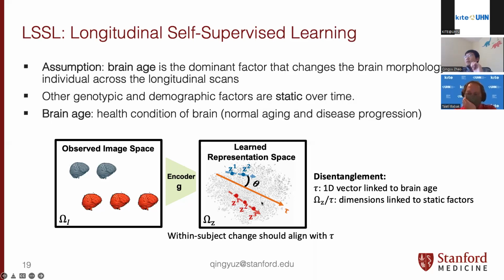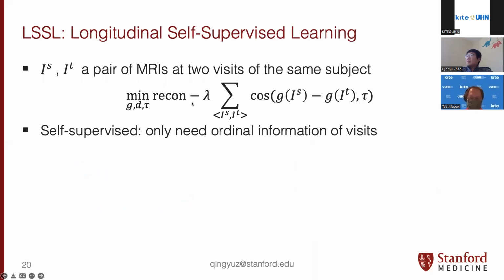It's estimated in a way that this direction unit vector should basically coincide with all those subject-specific within-subject progression vectors. And that's the general goal of this framework, which is also represented in this objective function, where you optimize your encoder and decoder G and D, but you also want to optimize the unit vector, the direction tau, such that this tau can be parallel with all those pairs of MRI data. So I guess that answers this. Thank you.